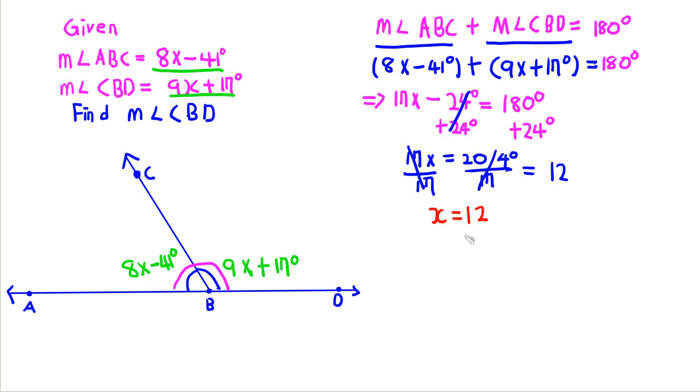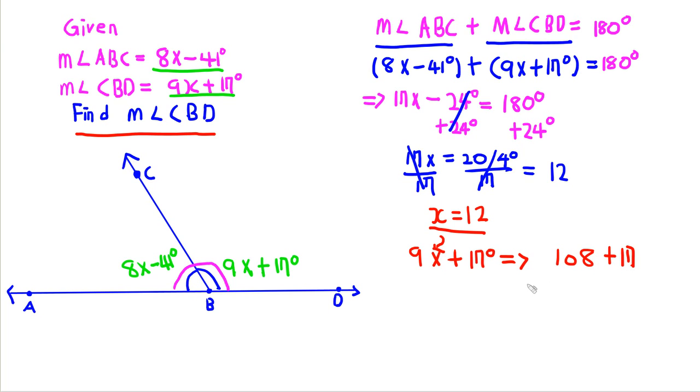Now that we've found the value of x, which is 12, we need to substitute it into the original equation. The question asks us to find the measure of angle CBD, so we substitute x into 9x plus 17 degrees. 9 times 12 is equal to 108, plus 17 gives us 125 degrees.